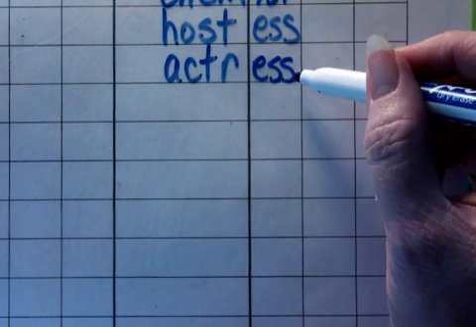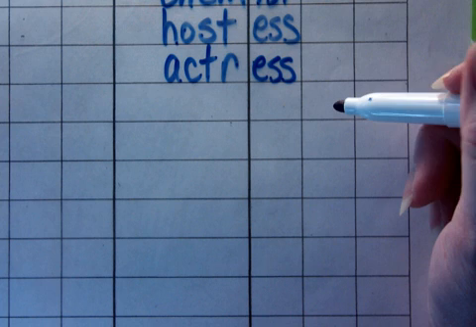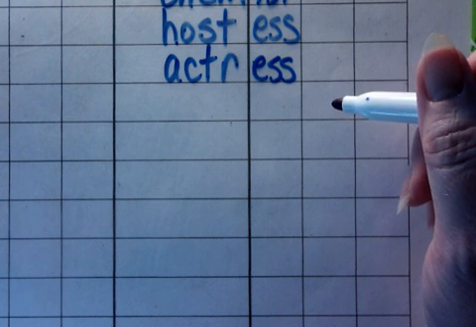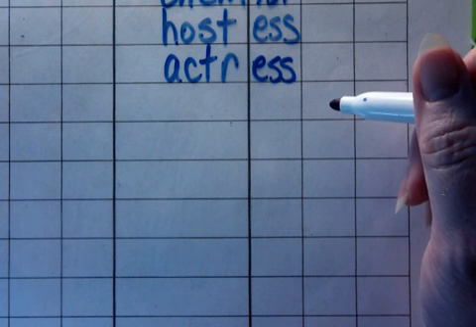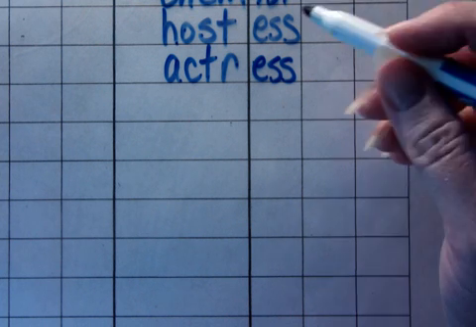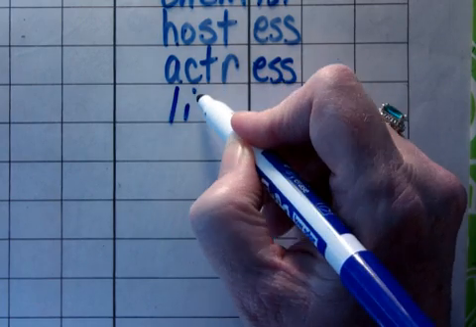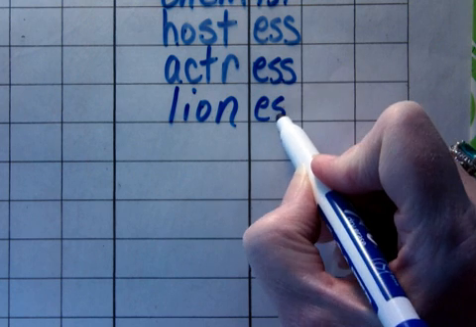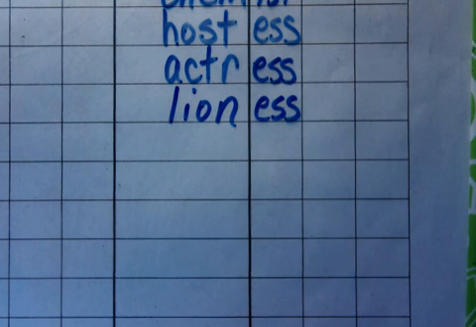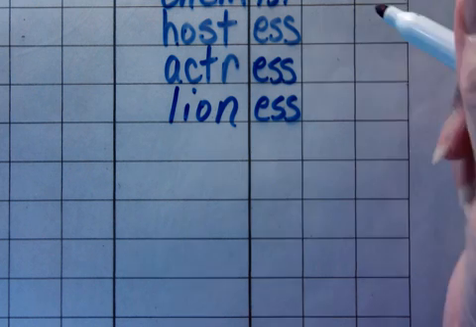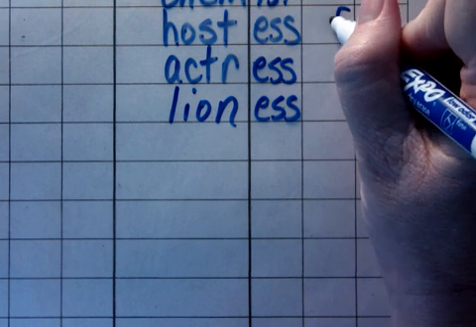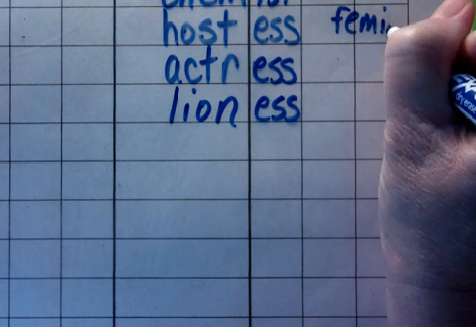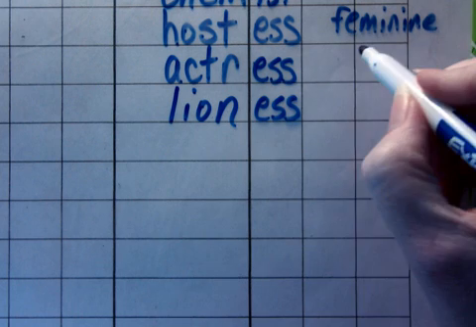That is the female version of a person who acts. Actress. The next one is lion. S. Lioness. The female lion is a lioness. So ESS is the feminine noun.